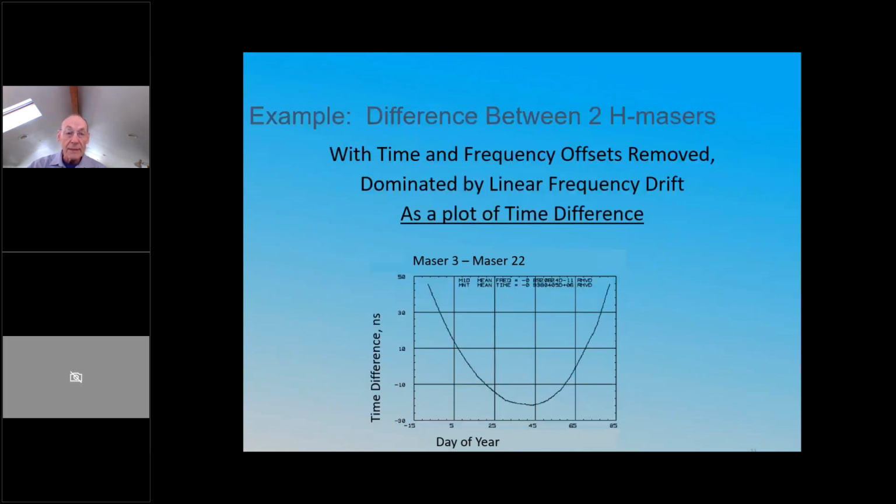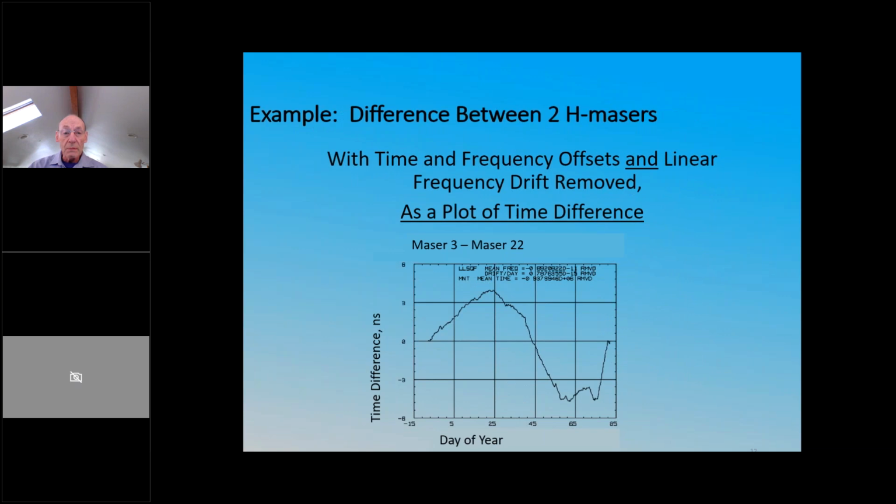And now if you remove a constant frequency, a constant straight line, so you take out the mean and the average frequency from the original data, what it looks like is a parabola. So that is the linear frequency drift that's dominating these data.